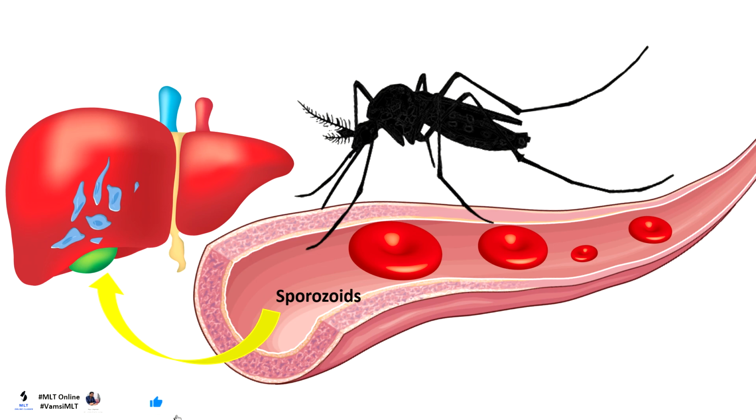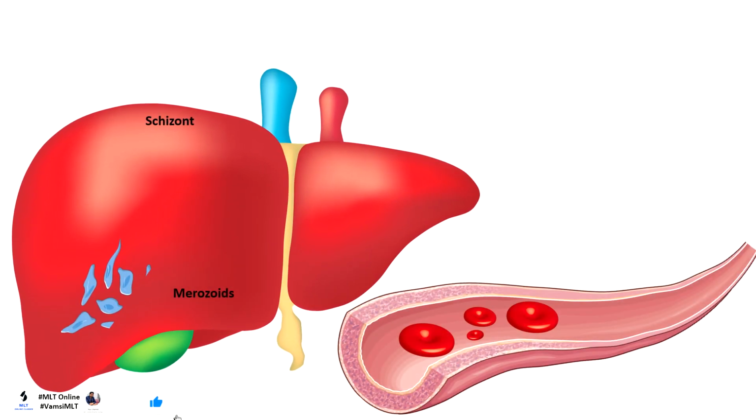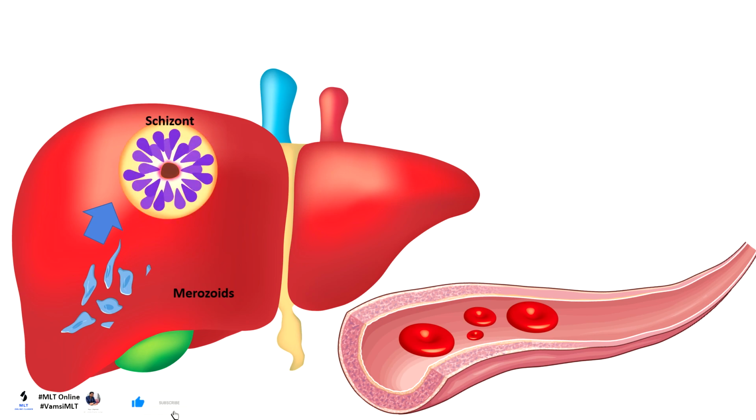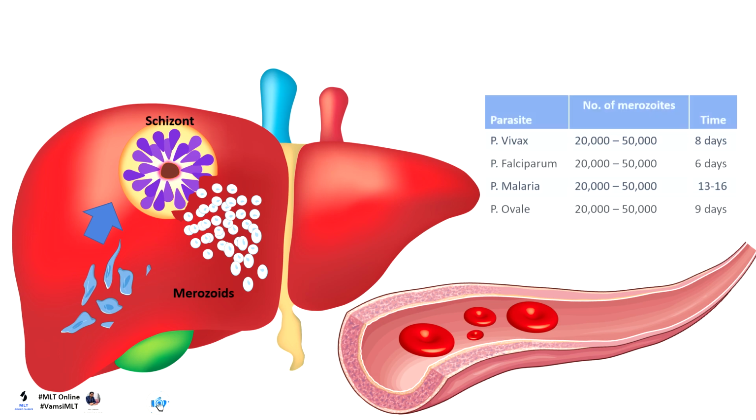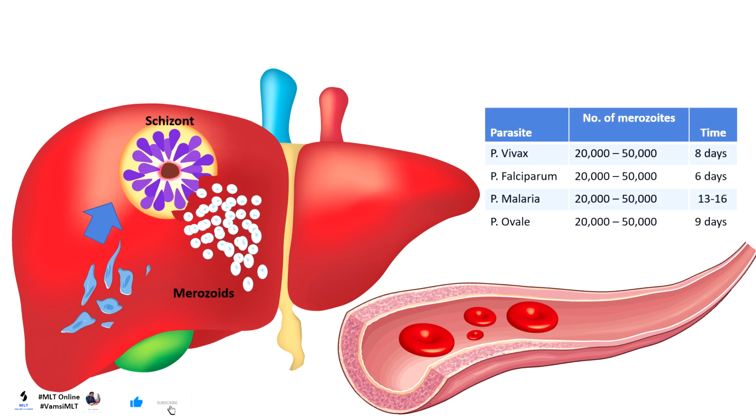Inside the liver, these sporozoites will be converted to schizonts. Upon maturation, the schizont will rupture and release merozoites. The number of these merozoites will differ from species to species.